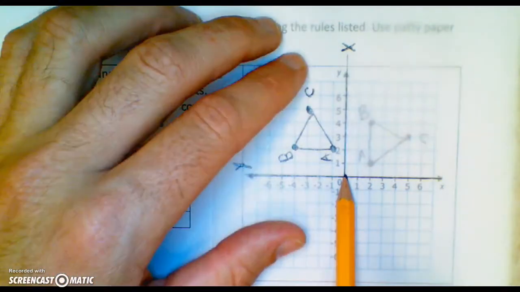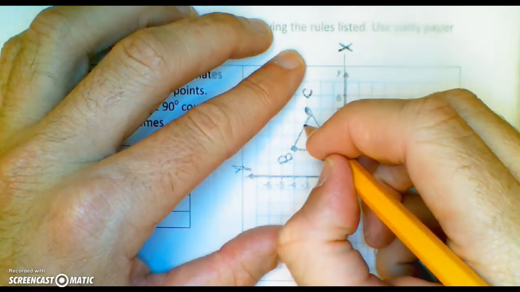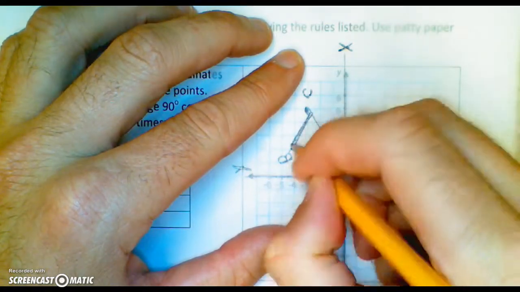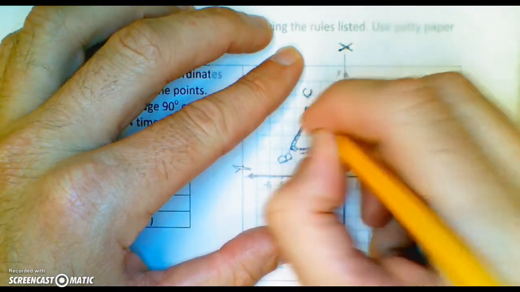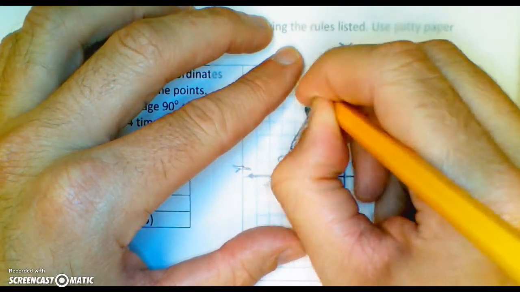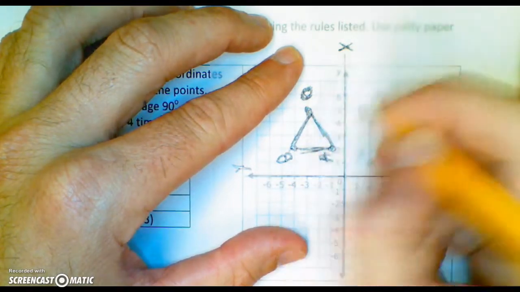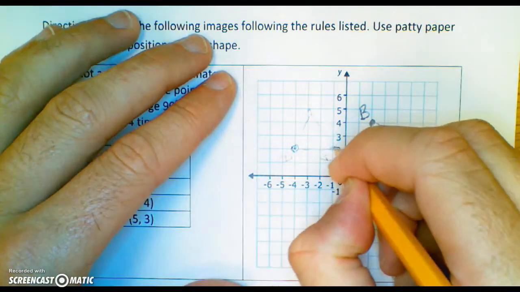And now I can press very deeply on the patty paper and hopefully it'll be enough where I could see the points.